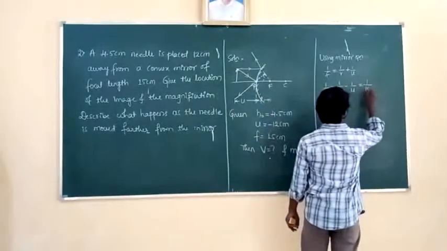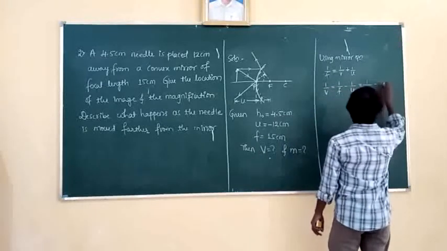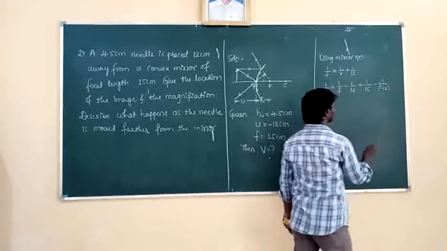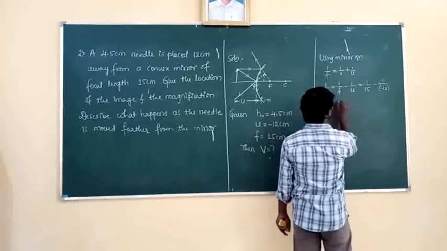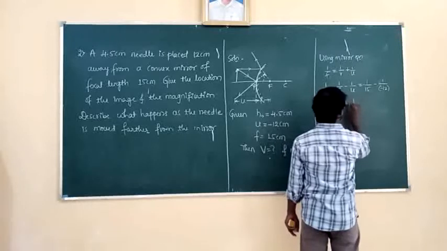Then minus, the object distance is minus 12. Then minus plus, it is 1 by v is equal to 1 by 15 plus 1 by 12.